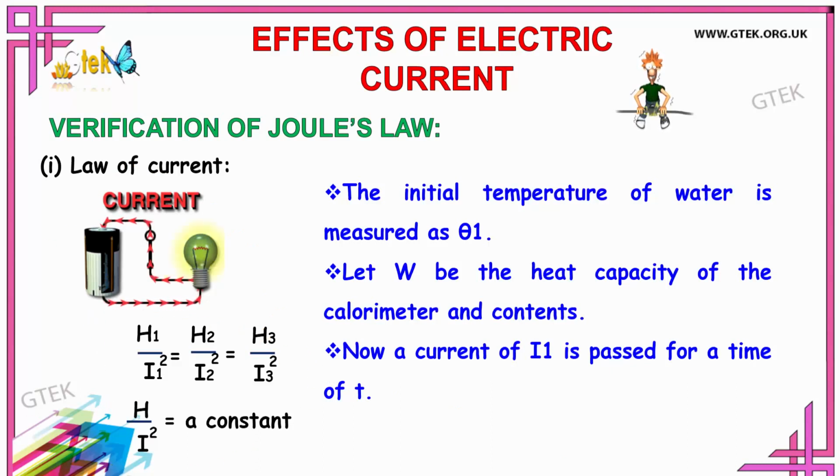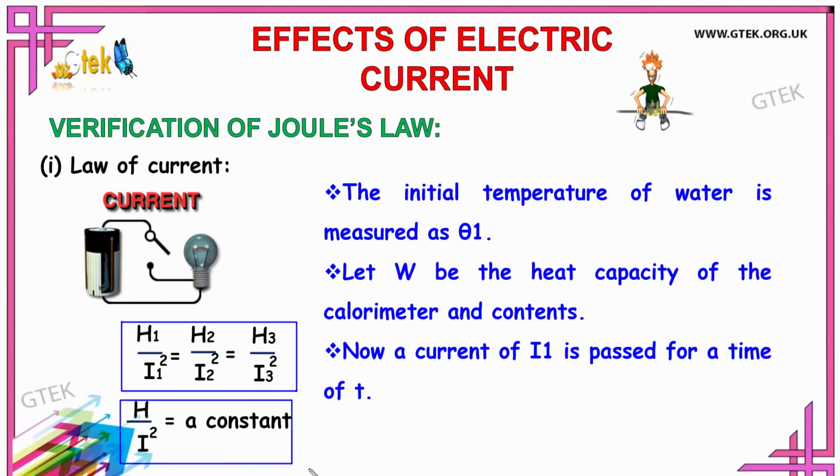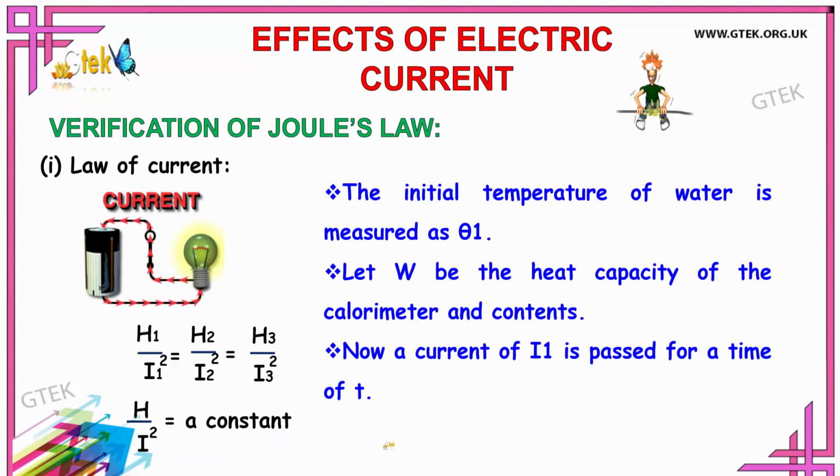So the law of current has been shown over here on the left side. That is H1 by I1 square is equal to H2 by I2 square is equal to H3 by I3 square. Cumulatively, we can make out H by I square is equal to a constant.